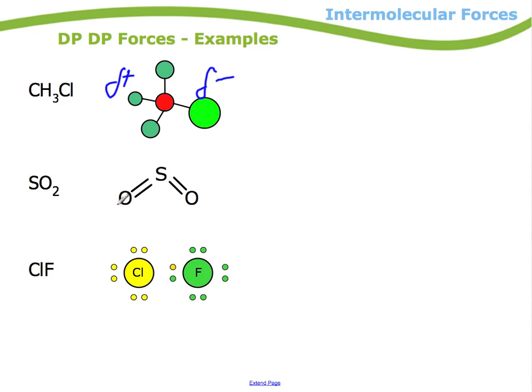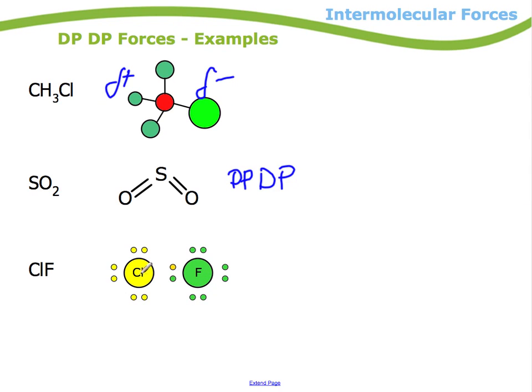Again, sulfur dioxide, it's an asymmetrical molecule. It's not perfectly symmetrical, so there's going to be some kind of partial positive and partial negative side to this. It'll be a polar molecule. There'll be dipole forces. Lastly, chlorine fluoride. These guys are pretty close.